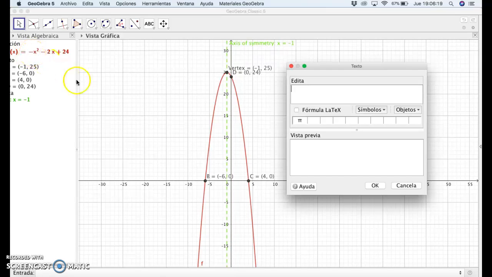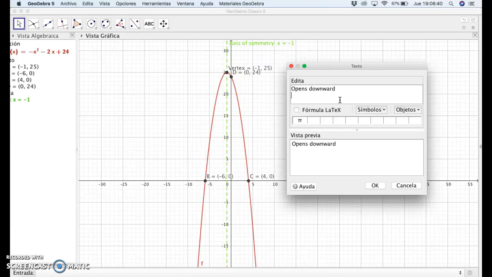If a is negative, the graph will open downward. If it's positive, it will open upward. And as you can see, it's negative, so it's downward. So we put opens downward.